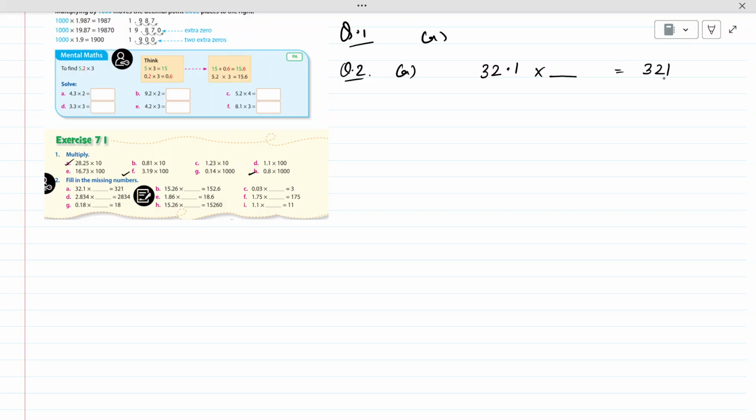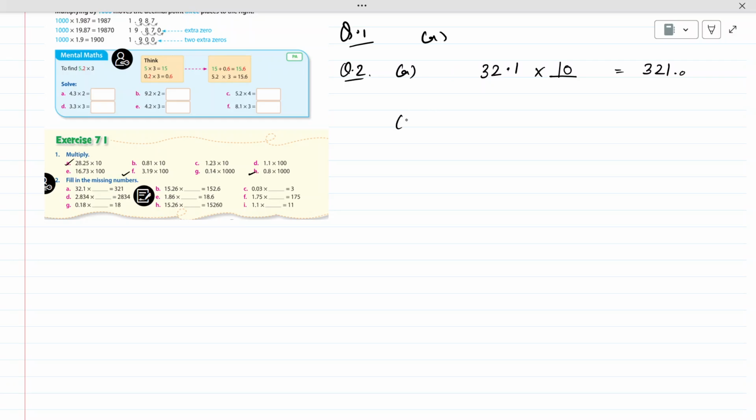Because we can write down 321 as 321.0. So that means we are multiplying this with a number which has one zero in it. That means we are multiplying this with 10. Why 10? Because the decimal is moving one place right.